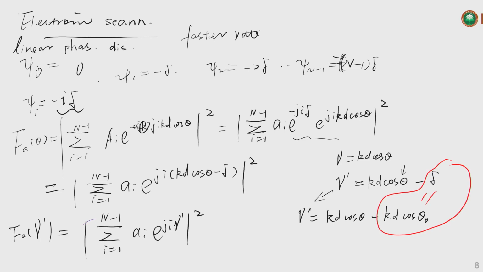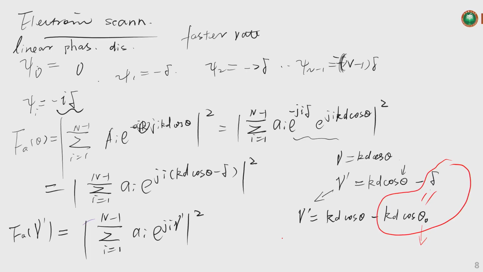With respect to the angle range, when we change the phase difference or we change cosine theta 0, we can steer our wave direction, and we're going to show that later.